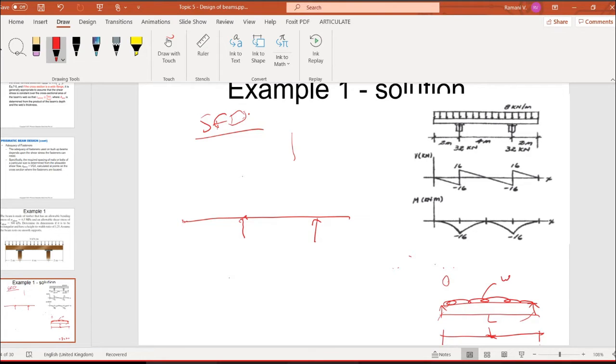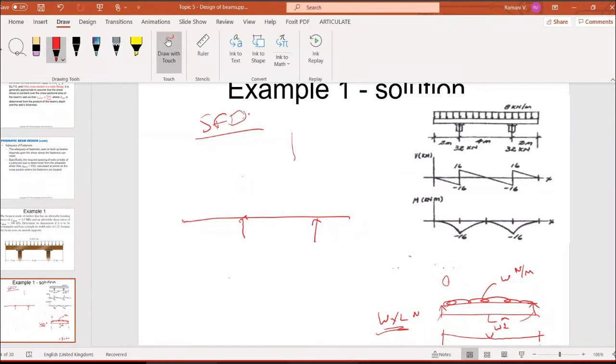If this is W Newton per meter, and this is L meter, what you do, you can convert this into a point load by multiplying W times L, right? When you do W times L, automatically Newtons are coming in, meaning point load. You can write here conveniently as W L Newton is acting. Clear? W L Newton is acting at this point. Alright?